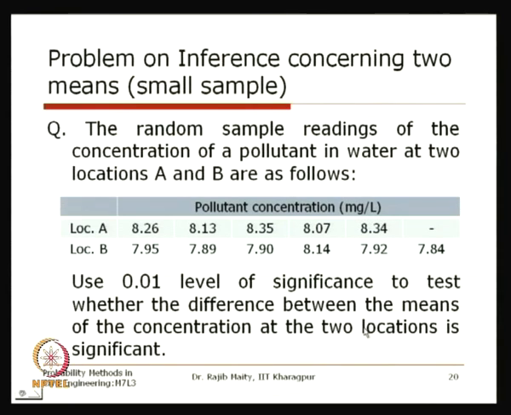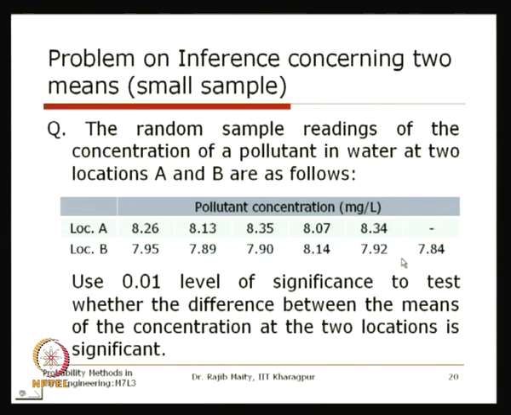So, we will take one problem on this small sample test. The random sample readings of the concentration of a pollutant in the water at two locations A and B are given. For location A we have 5 samples, and for location B we have 6 samples.